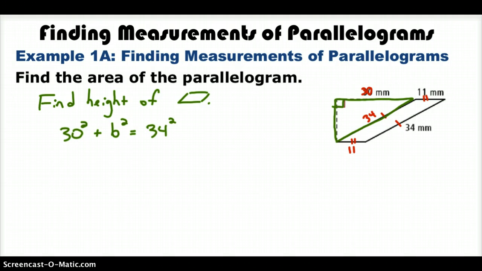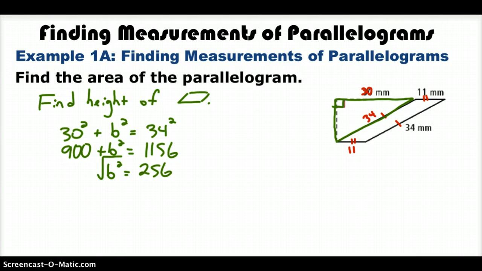Now at this point, I'm going to figure out what 30 squared is and what 34 squared is. So 30 squared is going to give me 900. So I'll say 900 plus b squared equals 34 squared, which is 1,156. I'll subtract 900 from each side to get that b squared is 256.